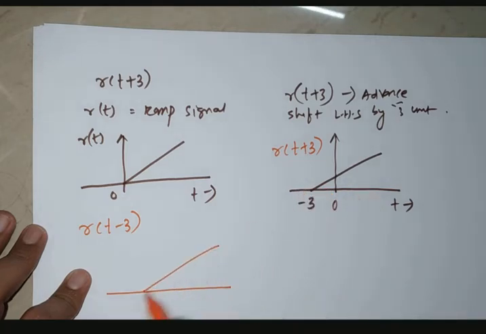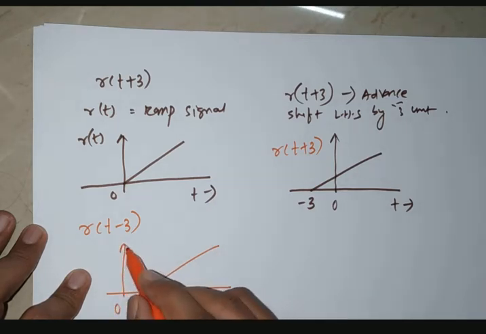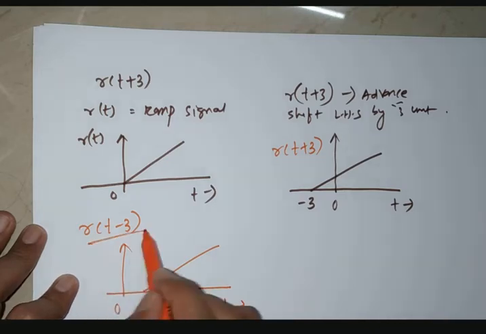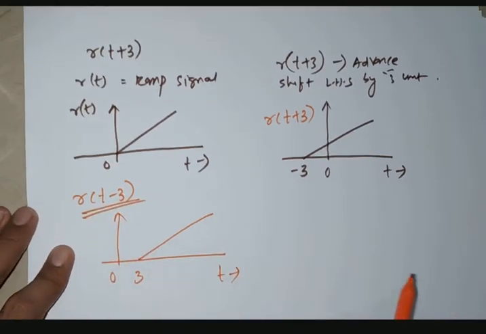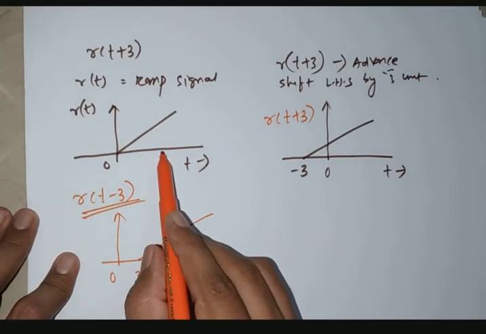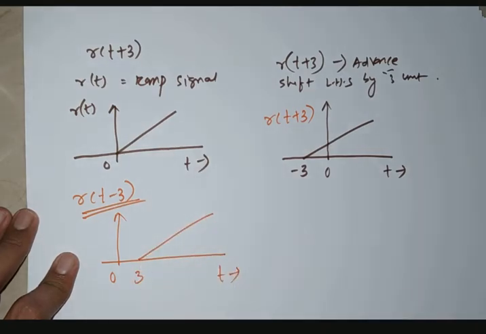Now it is 3. Okay, this is your r of t minus 3. Because this signal will shift right hand side. Clear? In this way you can do any shifting operation of a signal.